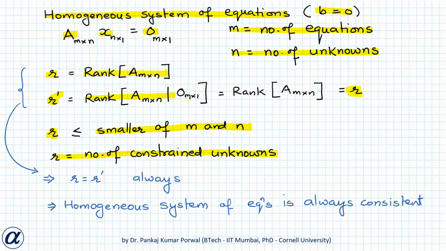And because for the homogeneous case R is always equal to R prime, the homogeneous system of equations will always be consistent. Therefore, in the case of homogeneous systems, we are more interested in when we only have a trivial solution, that is a solution where all x's have value equal to 0, and when our system will have a non-trivial solution, that is non-zero solutions.